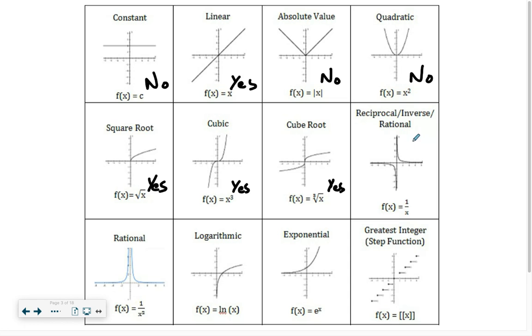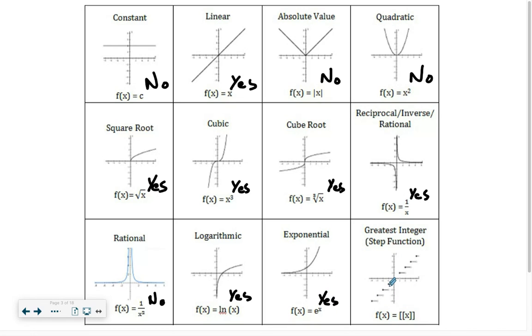The reciprocal function, or the inverse, the 1 over x function, would be. But 1 over x squared would not be, because if I draw my horizontal line, I would hit more than one point. Now, again, we'll talk about these two types of functions in a later chapter, but just looking at the graph, I can see that a logarithmic function is one-to-one and an exponential function is one-to-one.